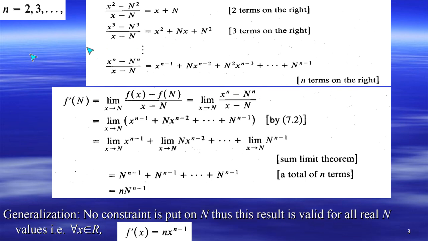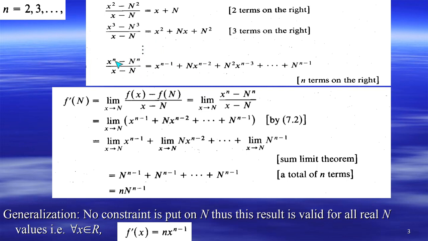So when you continue multiplying like this, all the terms in between will cancel each other, and you will be left with x to the power 3 minus n to the power 3. You see, minus n times n square is minus n to the power 3. All the interim terms would cancel each other. 1 plus, 1 minus, and then they will cancel each other.